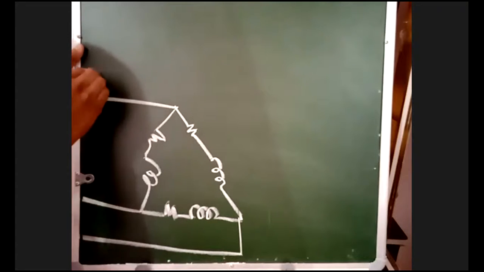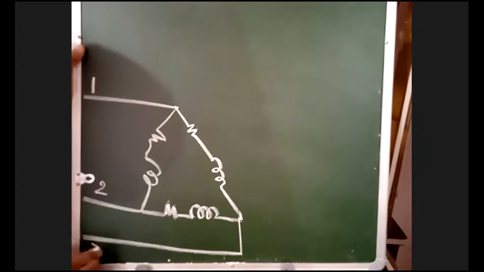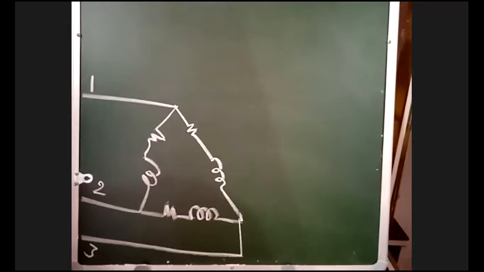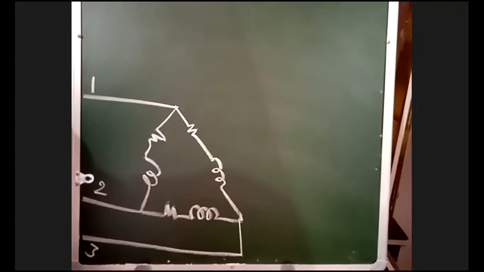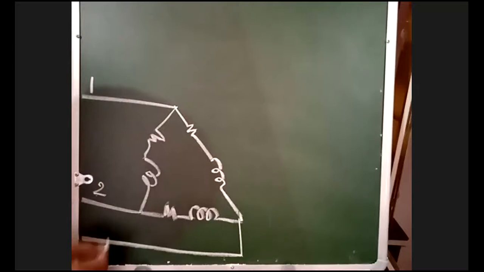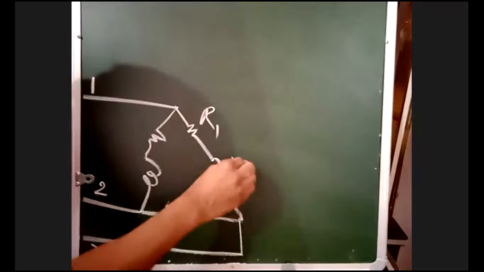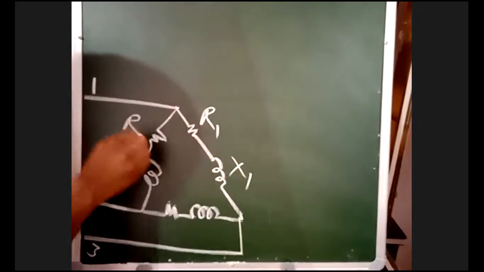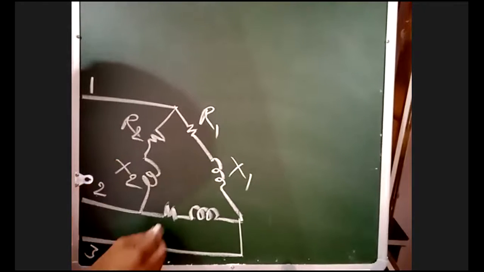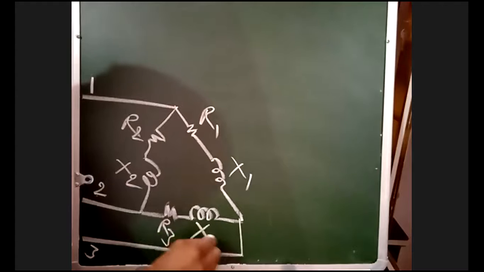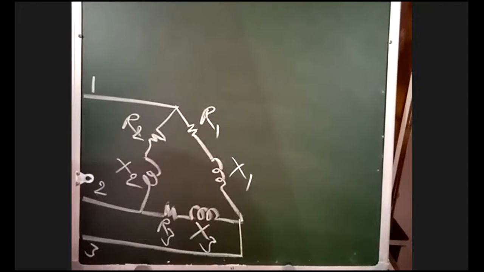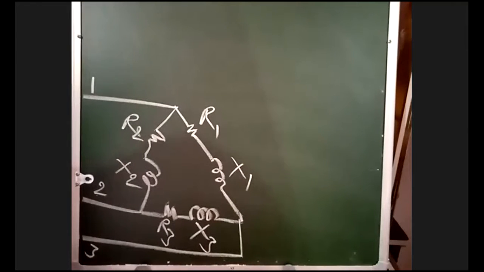This is your delta connection. There is no need of a neutral in delta connection. 1, 2, 3 phases. This is your delta connection. Delta is the parallel connection.